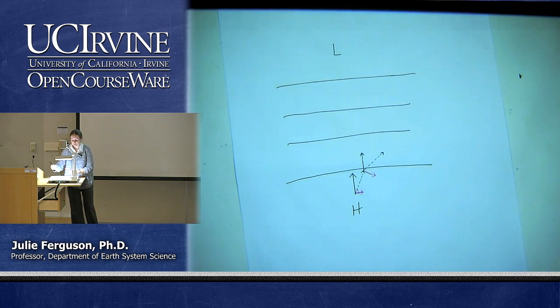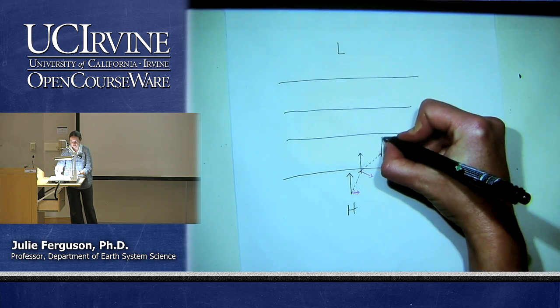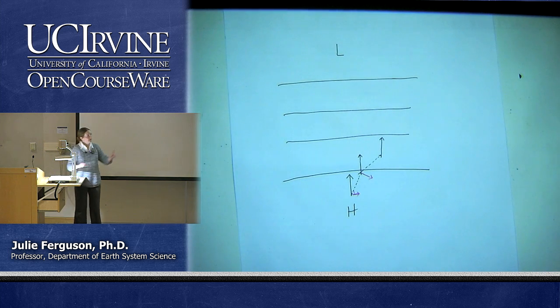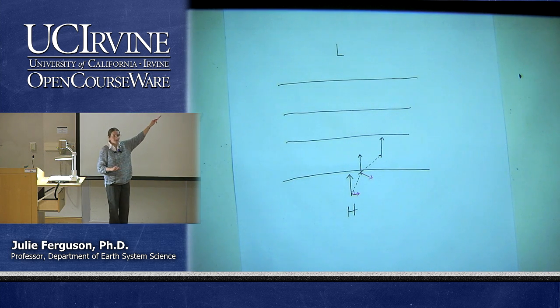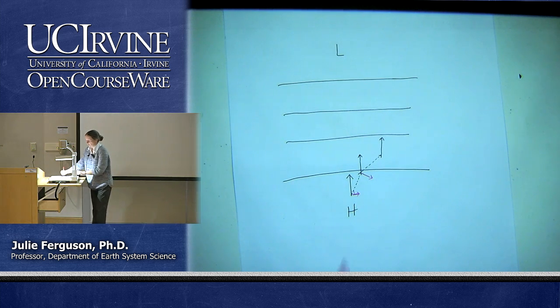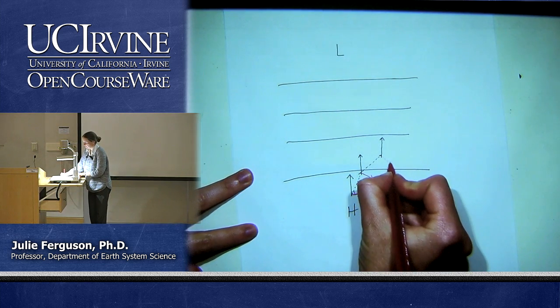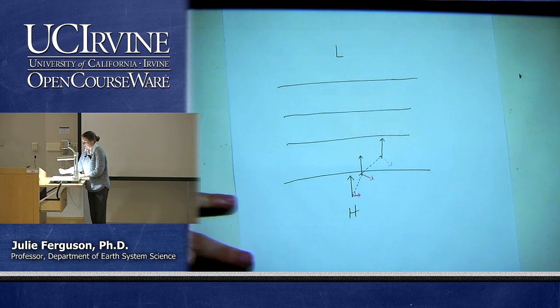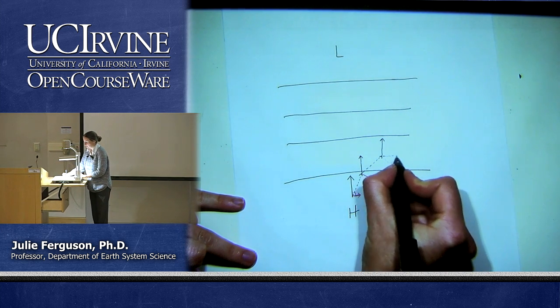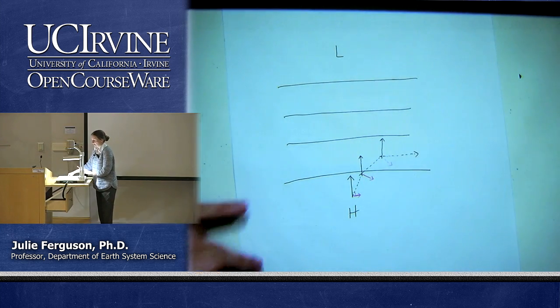Okay, and then we still have our pressure gradient force going in the same way. We now have even more of an angle, so again, our Coriolis force acts at 90 degrees to the right, off in this direction. Okay, so our wind ends up traveling parallel to the isobars.